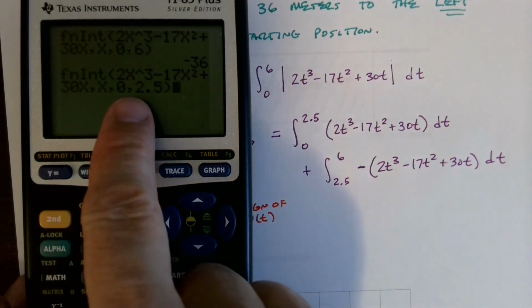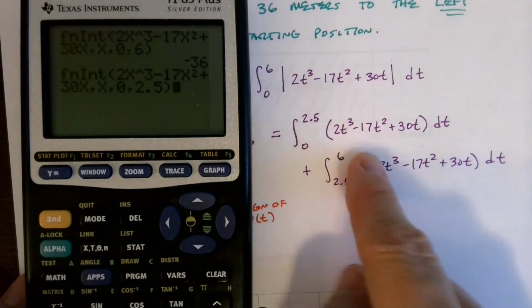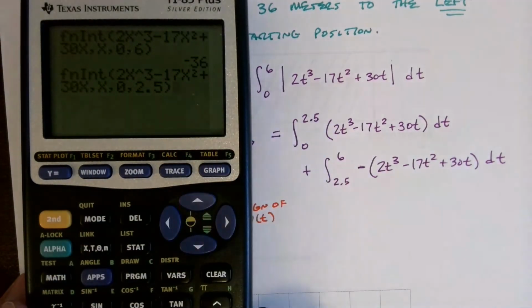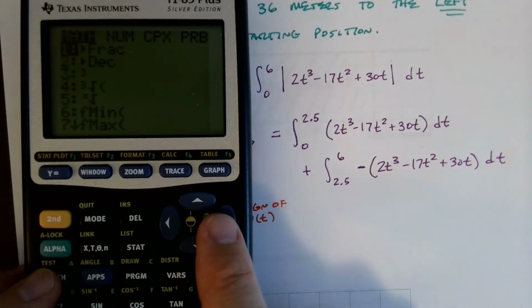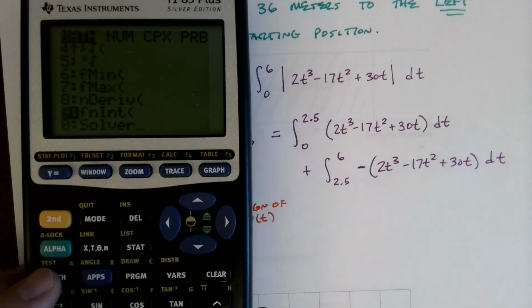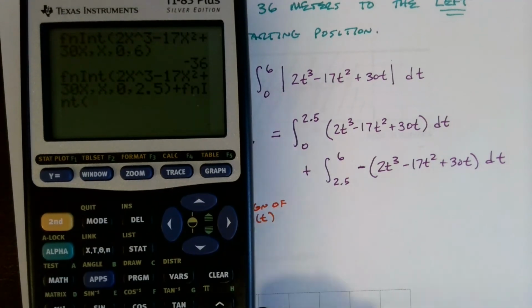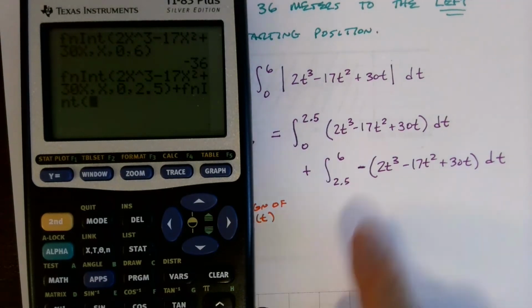Okay, so there's my first integral. It's the same function, right? Because I haven't changed it. But then I'm going to add to that the other integral, which is, again, going to be negative 1 times all this. So I'm just going to distribute that negative sign.